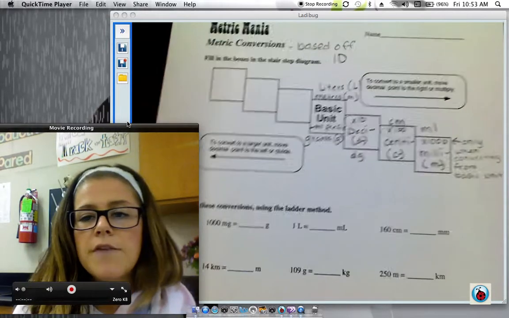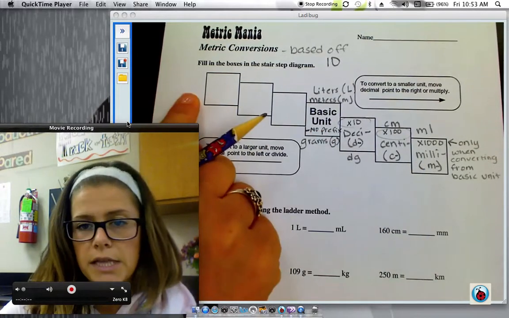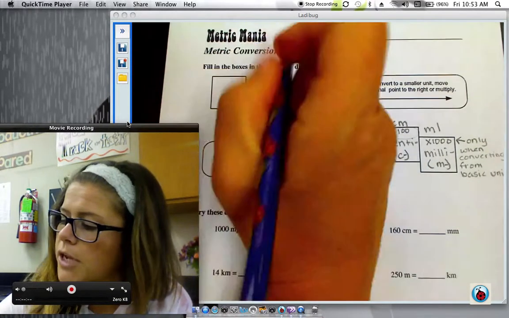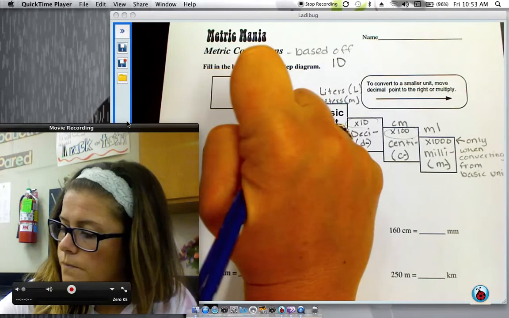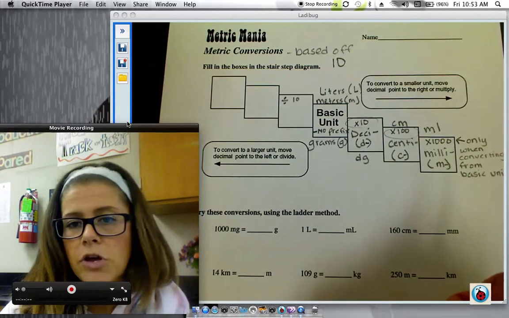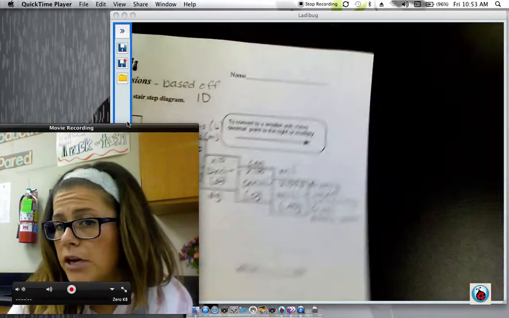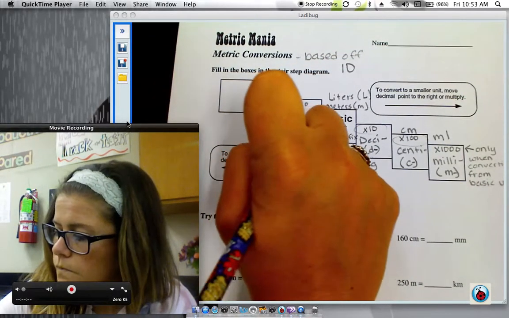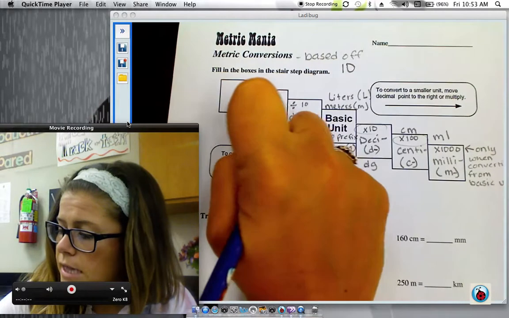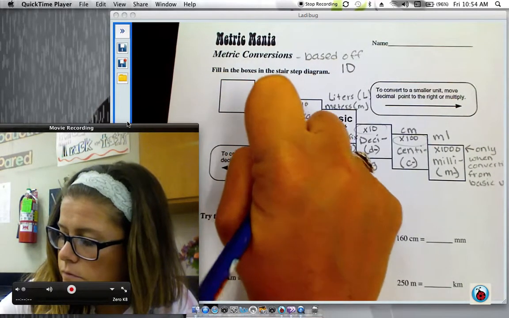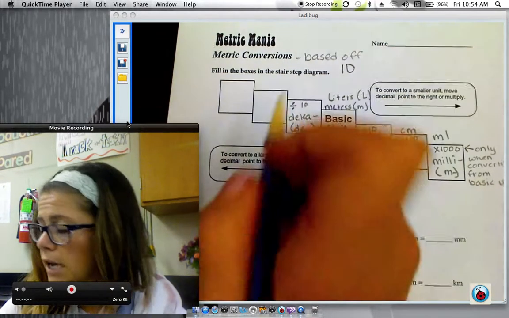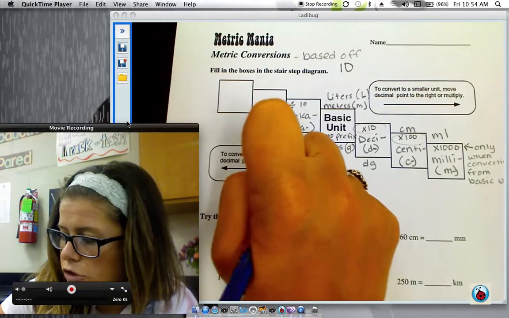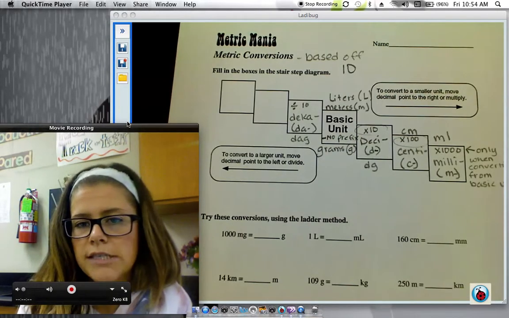Okay, so then if you're going from basic unit to anything larger, instead of multiplying, you're going to divide. So this one would be by 10. So one step bigger than our basic unit, we call the deca. And that's abbreviated DA. Okay, and let's say a decagram would be DAG. So there's our example.